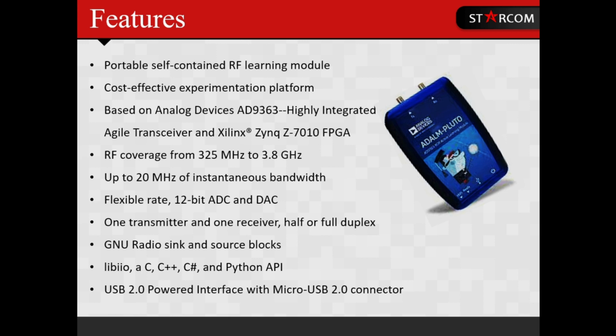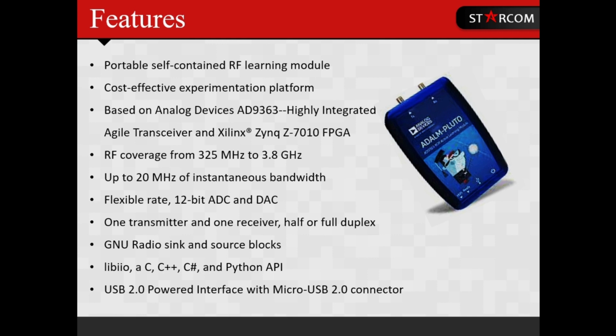It is based on Analog Devices, and the chip inside is the AD9363, an integrated IC module. It covers RF ranges from 325 megahertz to 3.8 gigahertz. By doing some proper hack, we can make use of this module from 70 megahertz to 6 gigahertz. That is also possible, and this device is capable of producing an instantaneous bandwidth of 20 megahertz.